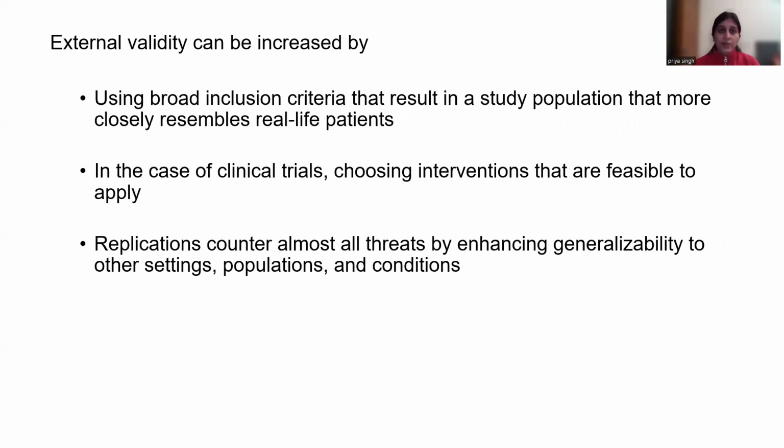External validity can be increased by using broad inclusion criteria that result in a study population that more closely resembles real-life patients. In the case of clinical trials, choosing interventions that are feasible to apply. Replications counter almost all threats by enhancing generalizability to other settings, populations, and conditions.